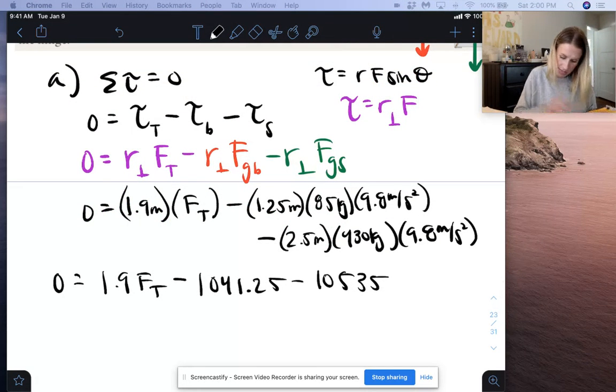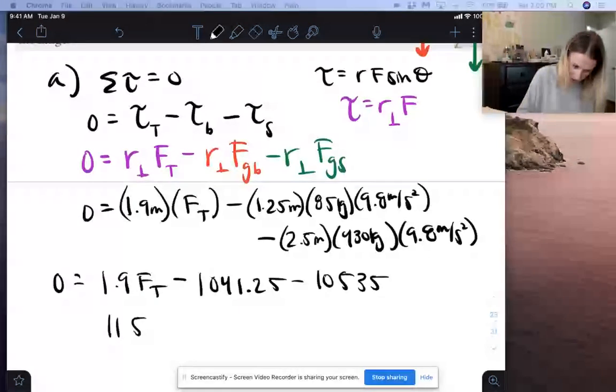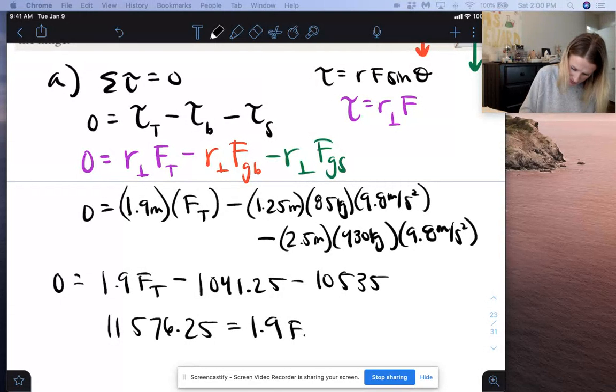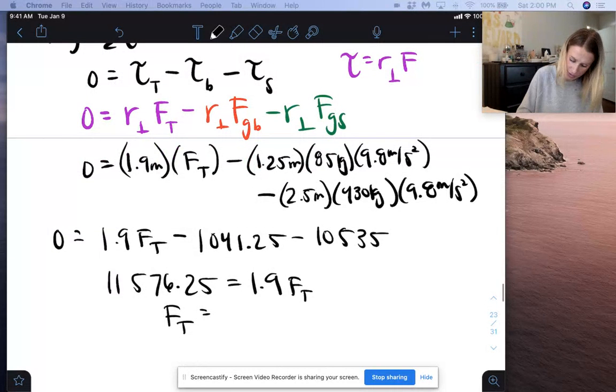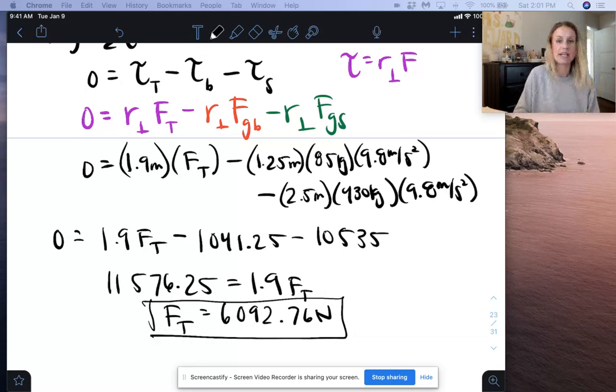Okay, so adding those to both sides, we end up getting 11,576.25 equals 1.9 times force of tension. Dividing this by 1.9, we get that the force of tension in the cable is equal to 6,092.76 newtons. So that's our answer for the force of tension for part A.